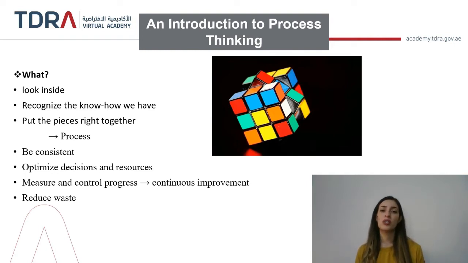Optimizing decisions and resources. All of what we're talking about is really relevant and coming in order. All of this will result in optimizing our decisions. What is optimizing? It's making the best decision that we want.